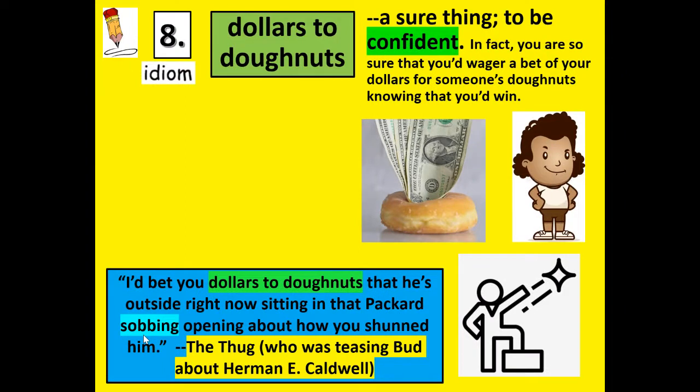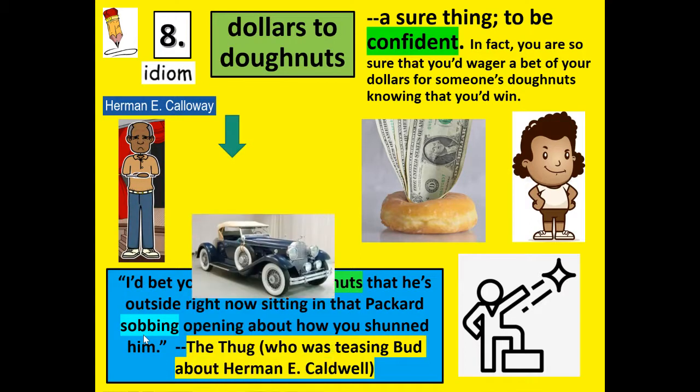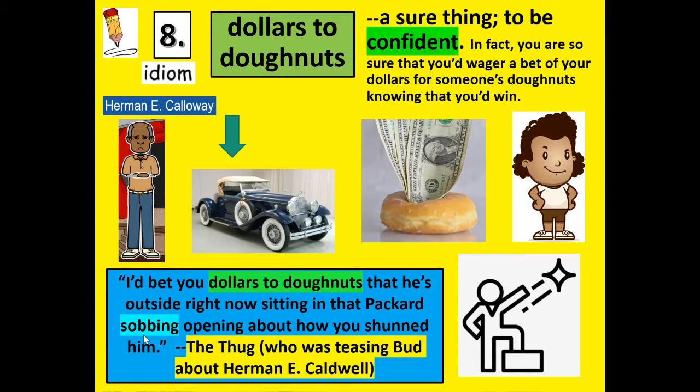I'm sorry. Bud's last name is Caldwell. So Herman E. Calloway is sitting in the Packard, sobbing his eyes out, or crying. And the thug said, I'd bet you dollars to donuts that he's outside sobbing in his car.